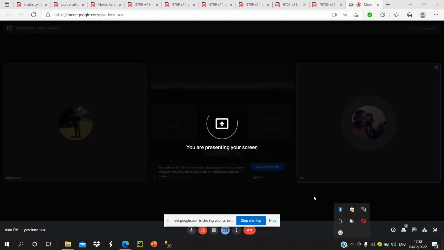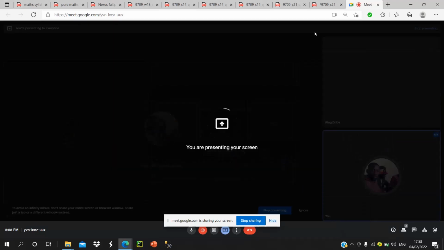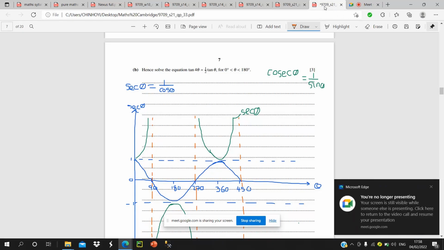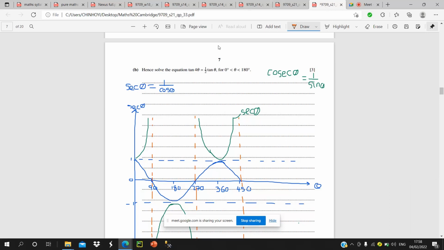Right. Like what we have indicated earlier, as you can see, we sketched the graph of cos, and our graph of cos was maximum at 1 and minimum at minus 1, as you can see. So the graph of sec will start at 1 moving upwards.